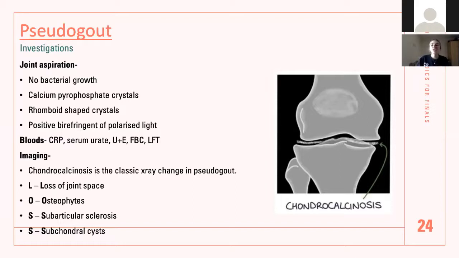On imaging, you'd see chondrocalcinosis, which is like a thin white line in the middle of the joint space, and that is caused by calcium deposition there. It would present on imaging similarly to osteoarthritis, so the LOSS mnemonic here.